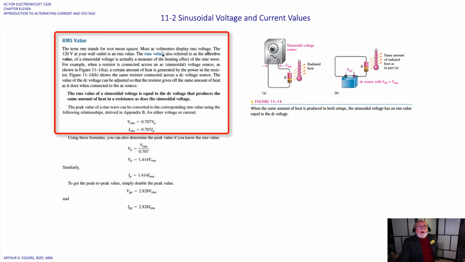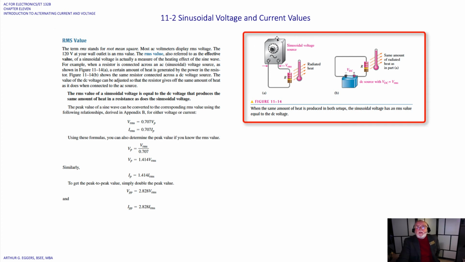The RMS value is also referred to as the effective value of a sinusoidal voltage. That's actually a measure of the heating effect of a sine wave, and we'll look at that a little bit.